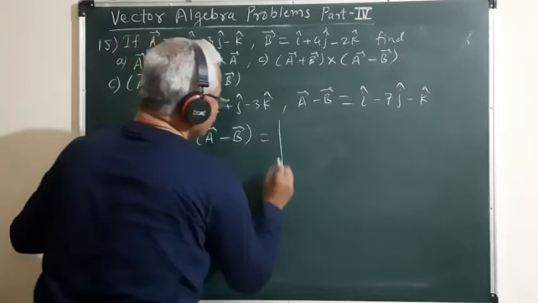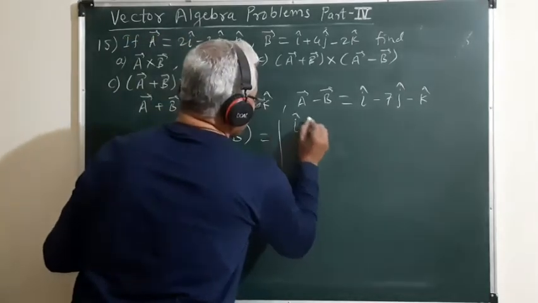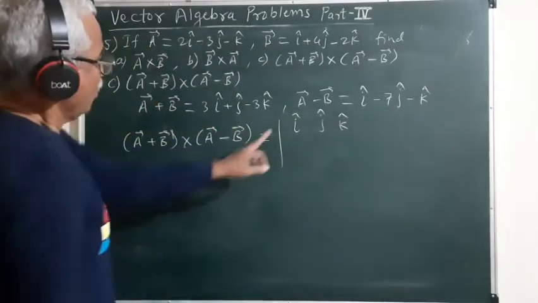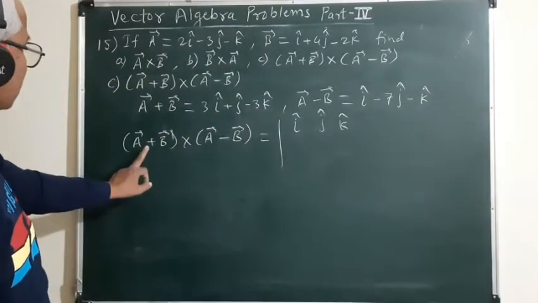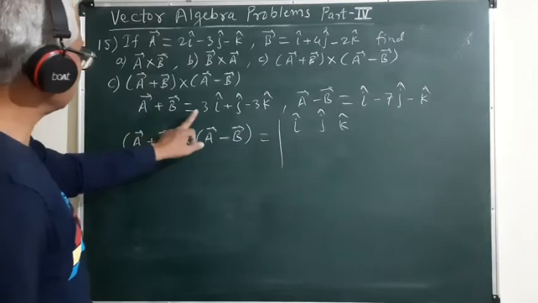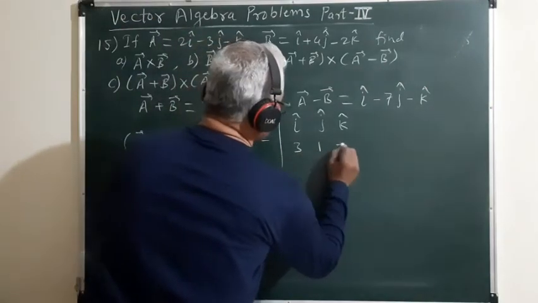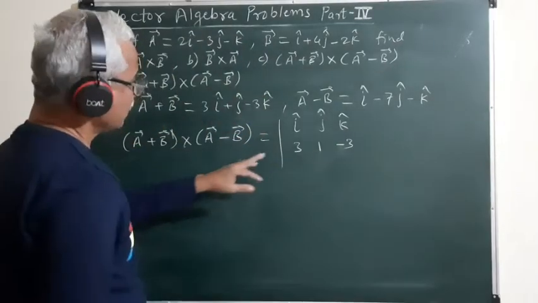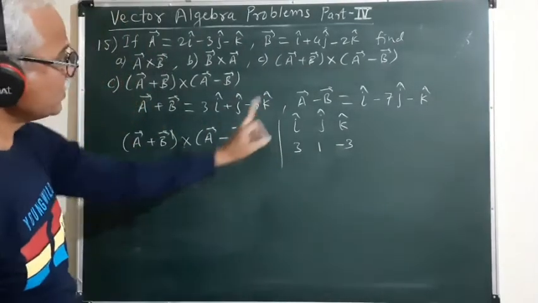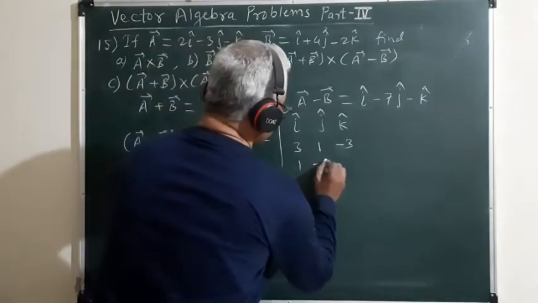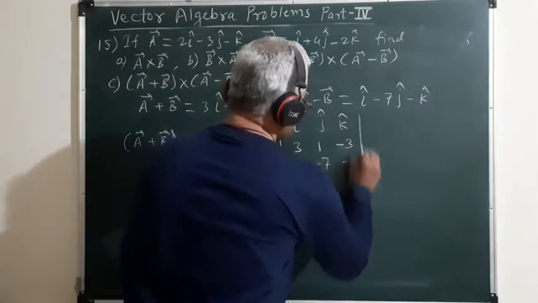So this is equal to the determinant i, j, k. The second row is the components of the first vector in the product, that is of a bar plus b bar, which is 3, 1, minus 3. And the third row is the components of the second vector in the product, that is of a bar minus b bar, which is 1, minus 7, minus 1.